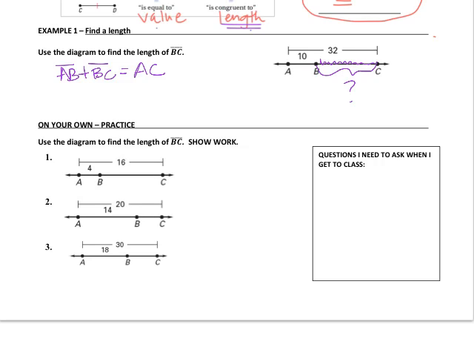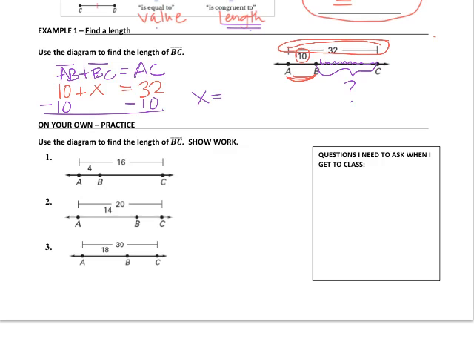Well, it says in this indication right here that from A all the way down to C is 32. And we see that AB, this portion of the line, is 10. So if this portion is 10, but we don't know what BC is, let's give it a variable, let's give it x. Really, we just have an algebraic equation here, and we can actually just solve. We would just subtract 10 from both sides, and that gives us x equals 22.